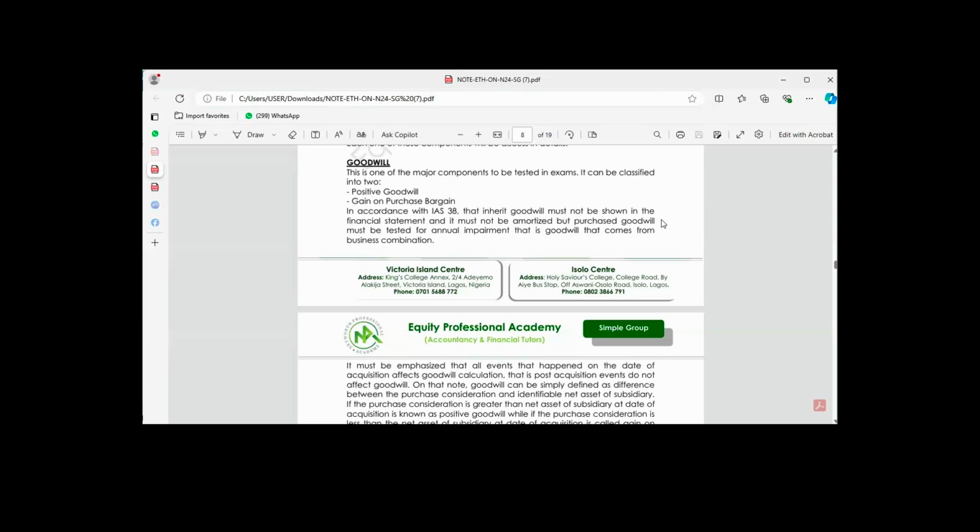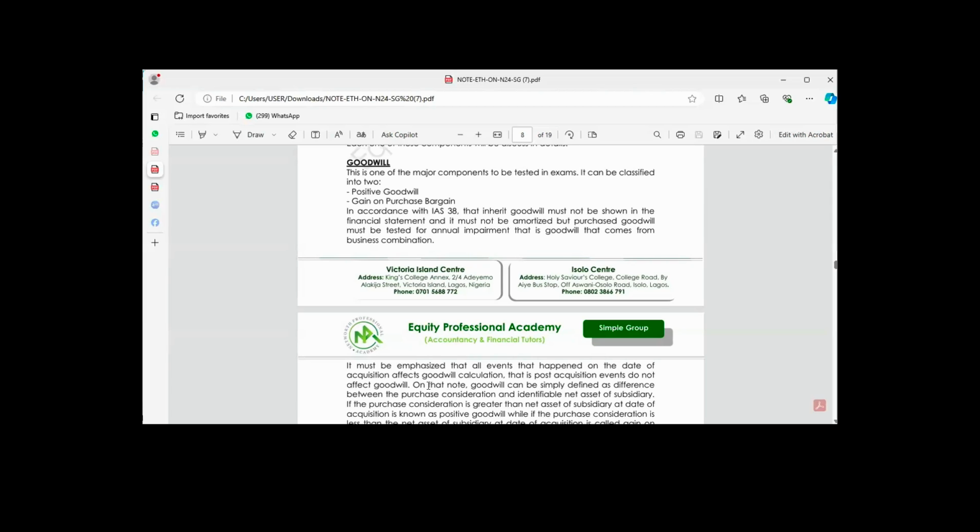One that controls another entity is the parent; the company they control is the subsidiary. That is what he's trying to say. Now, before I can have goodwill in my book, it must be a business combination. That means purchased goodwill, goodwill that comes from a business combination. That is, I acquire a subsidiary.